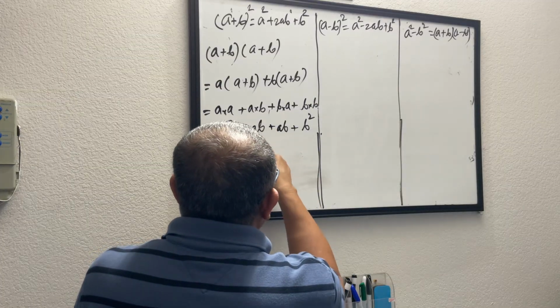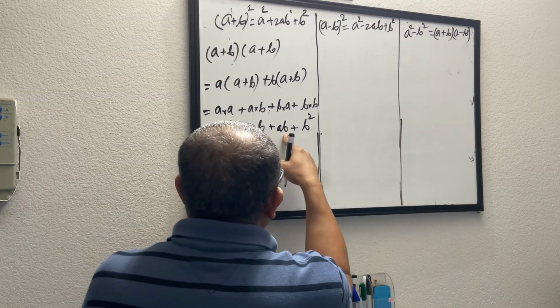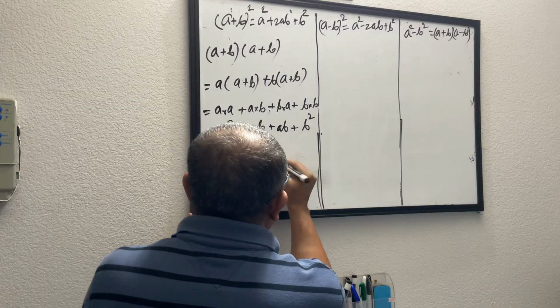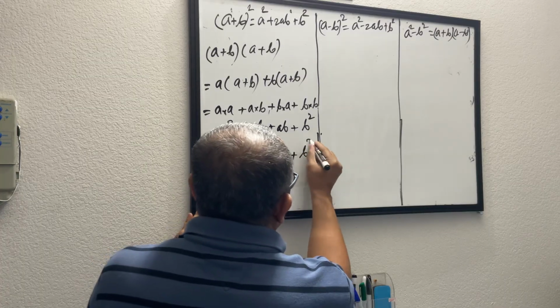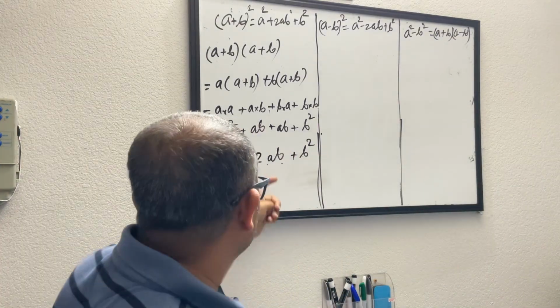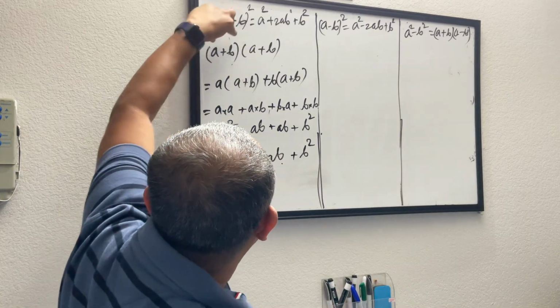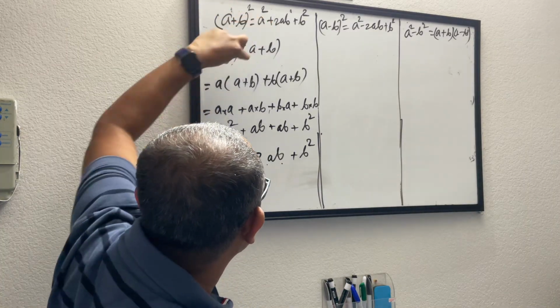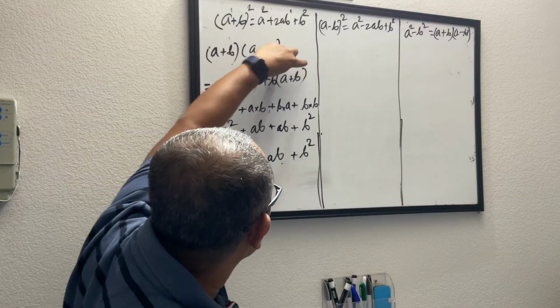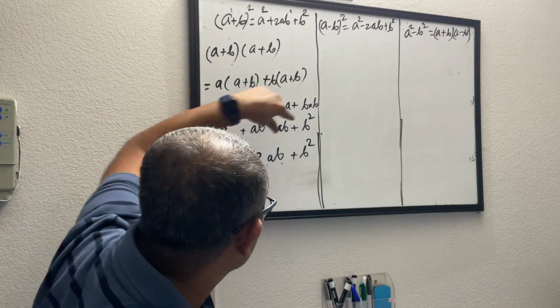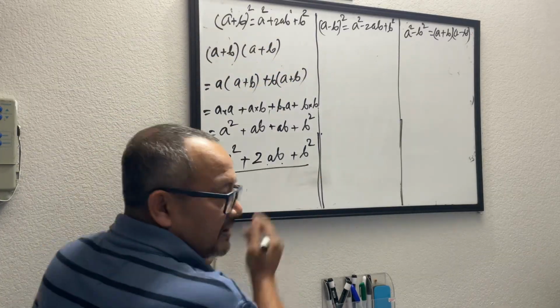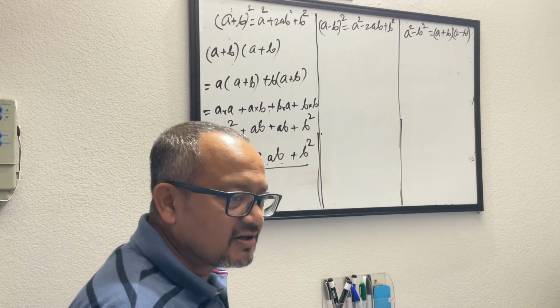One watermelon here, one more watermelon here, that becomes two watermelons. My watermelon is ab. What did we get for a plus b whole square? We split it this way, then used the distributive property, breaking open all the brackets. And what did we get? a square plus 2ab plus b square.